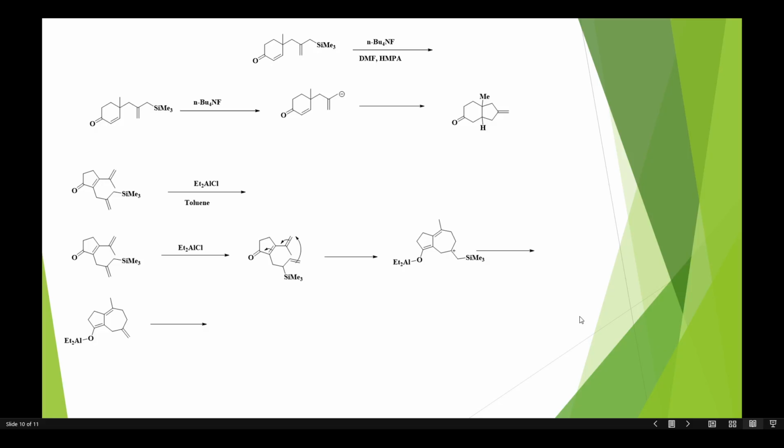Yeah, the silyl group will be removed and you will get the corresponding double bond. After that, when you perform the workup, you will get the corresponding alpha beta unsaturated ketone through isomerization of this double bond, because after the workup you will get the more stable alkene, the alpha beta unsaturated ketone alkene.